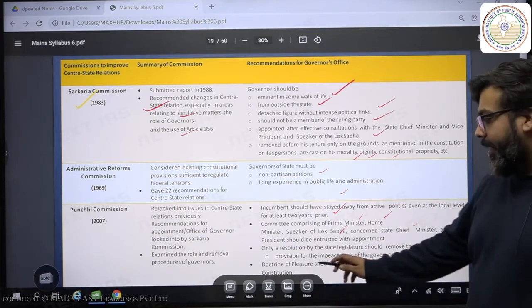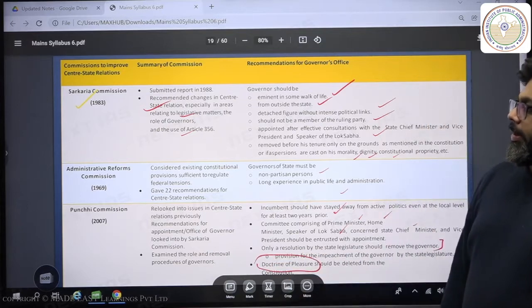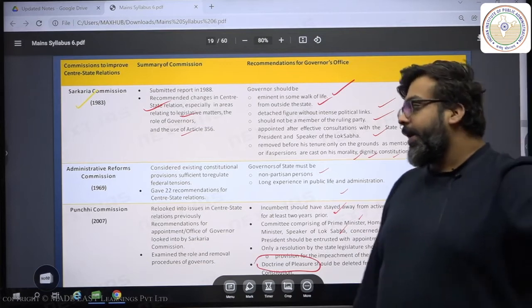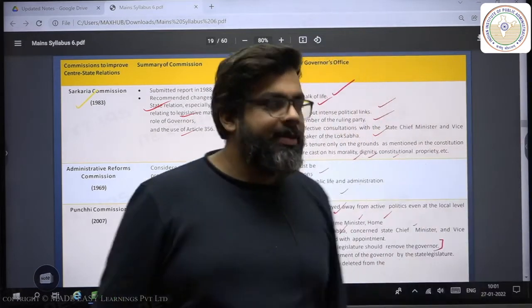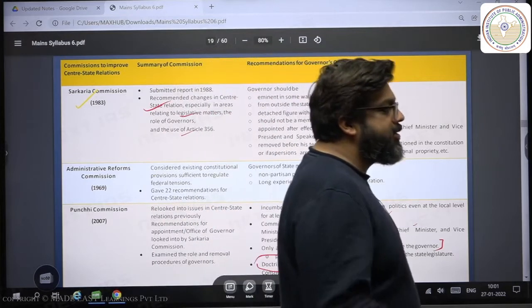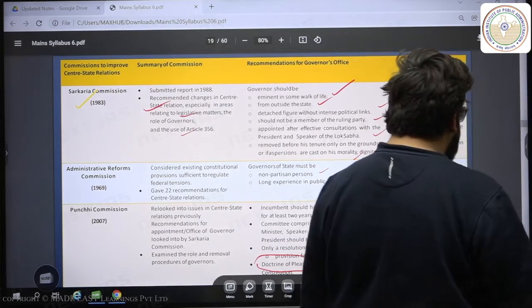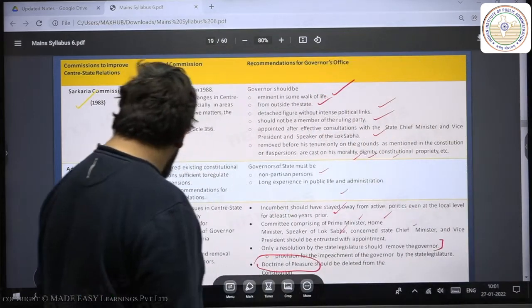And this entire drama of the doctrine of pleasure should be deleted. Of course, none of this has been implemented except for consulting the chief minister, which is also a convention, and nothing else. Do we understand this? Is this clear? Is this fine?